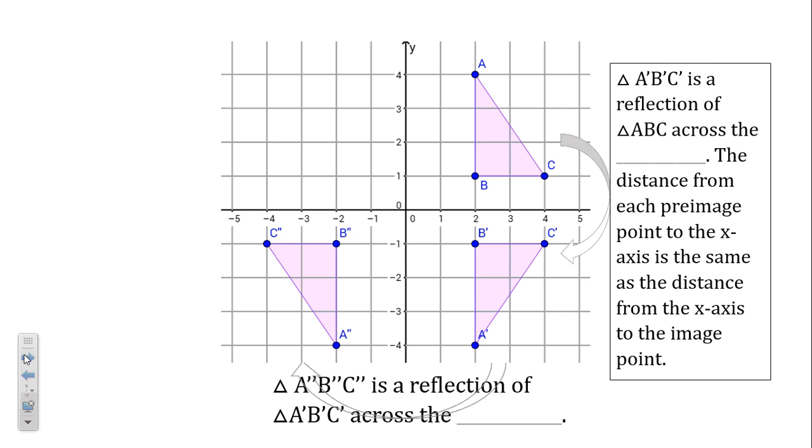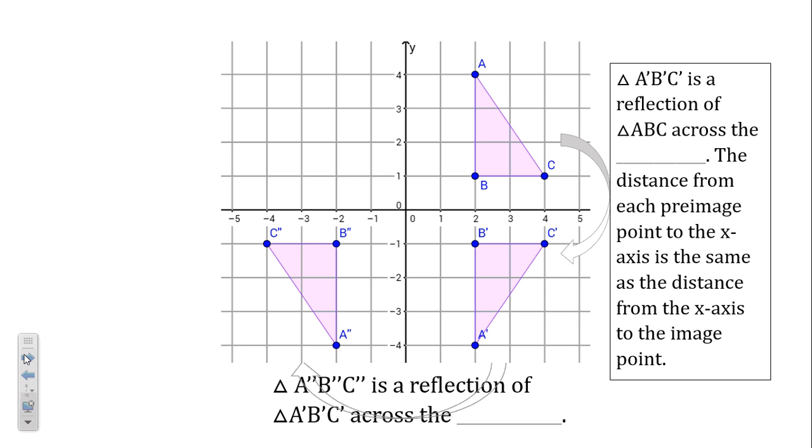So this is the big portion of your notes. And this first pre-image, to use the vocabulary that we used from yesterday, is triangle ABC. So that's where we started. That's our before. And I made it reflect across which line? The x-axis. So write x-axis in that blank. Corey and Vinny, write x-axis in that blank, please.